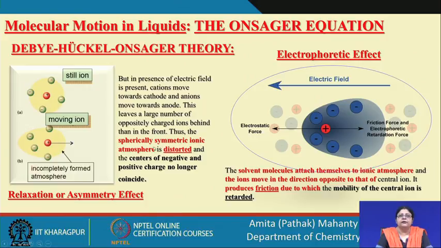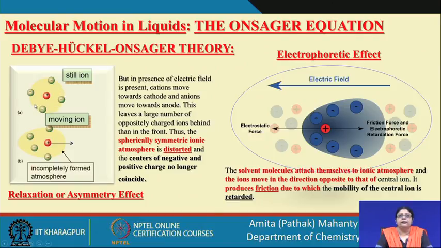What was the condition which we had visualized when we had an asymmetric effect or a relaxation effect? The basis of the whole discussion was that a central ion is surrounded by a large number of counter ions of opposite charge, forming the ionic atmosphere.